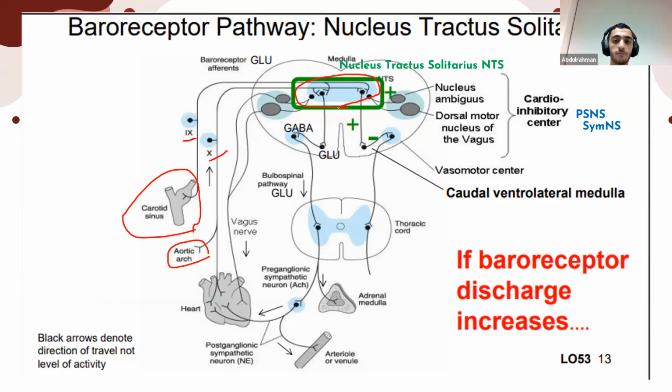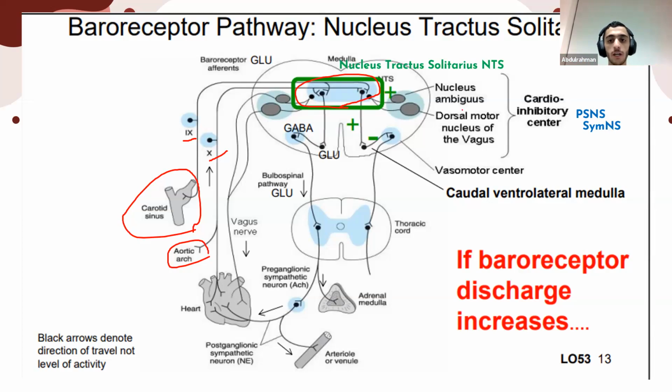And in order to achieve a low blood pressure faster, not only do we activate the parasympathetic, we also inhibit the sympathetic. So the function of our nucleus tractus solitarius is basically telling the brain that we have high blood pressure, so we need to lower it by activating the parasympathetic and inhibiting the sympathetic. And since it understood that, the nucleus tractus solitarius will work on what it understood.